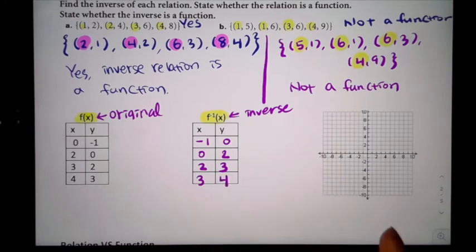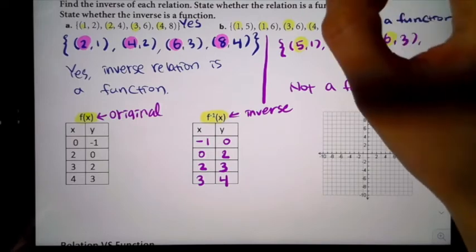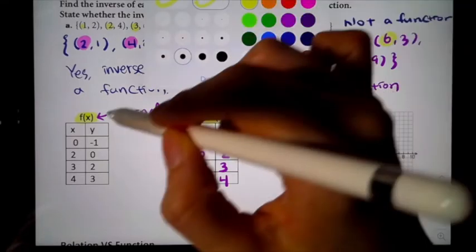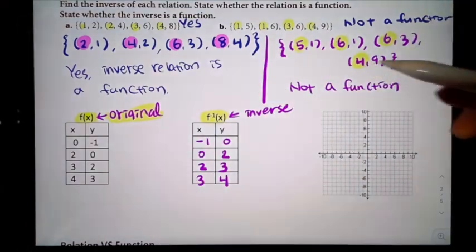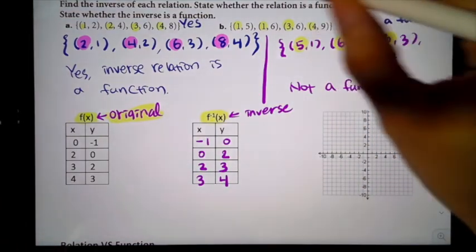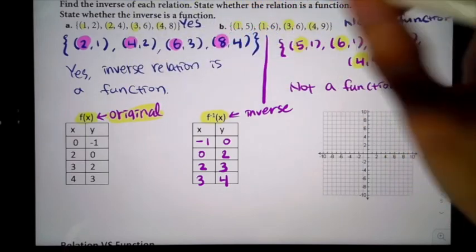So there's a graph. I'm going to sketch the first one, my original function. I'm going to use green for the original.